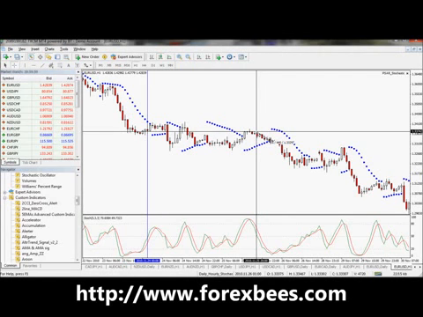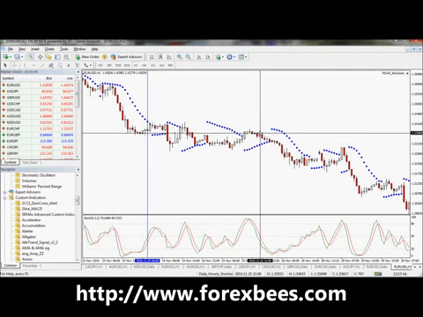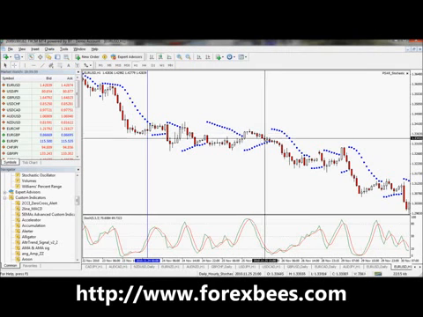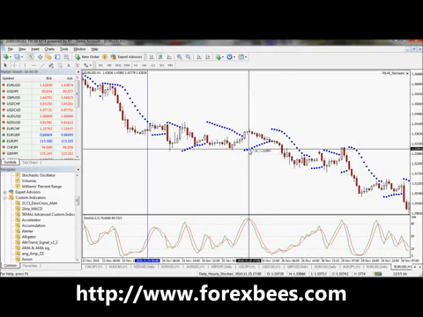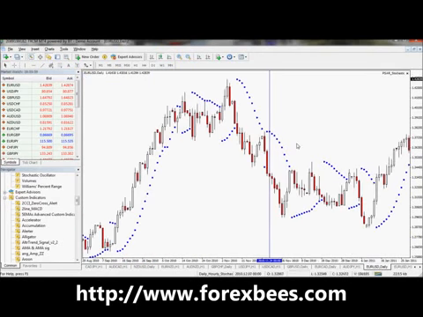Once it reaches this oversold region, you can close the trade, or you can move your stop to the break-even point, below your point of entry, and leave the trade like that for some time to get more profit. So this is one of the strategies. I call it the 1 to 3 strategy, because the parabolic SAR dots formation is a kind of 1 to 3 pattern, so I call it the parabolic SAR 1 to 3 strategy.